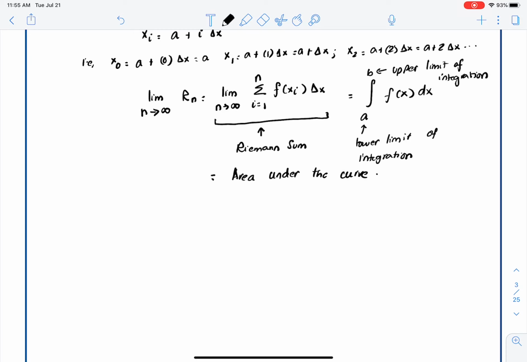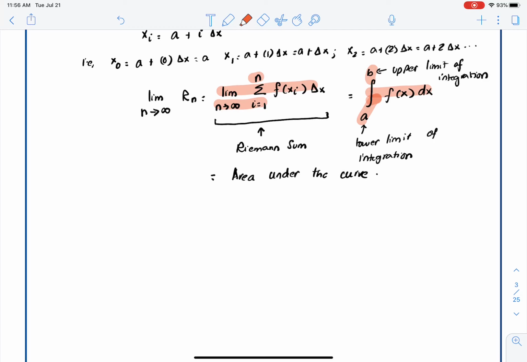Same argument applies here. Even though we can evaluate this sum to get the exact value of the integral of the function, finding the sum each and every time is time consuming.